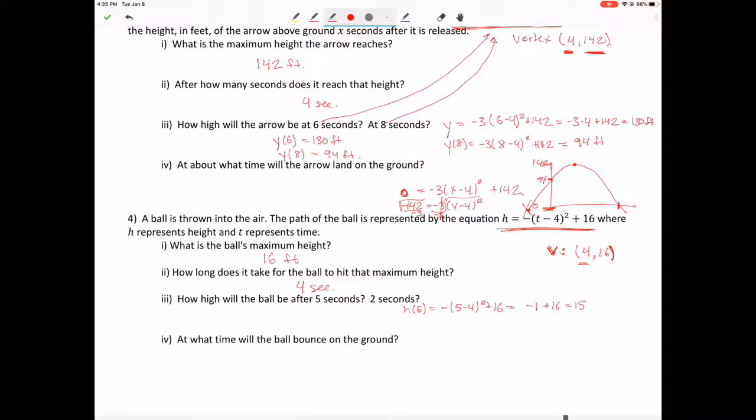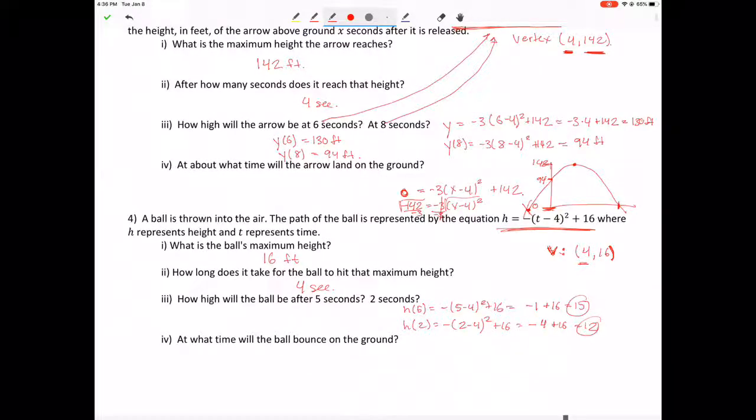Then the height at 2 seconds, you'd plug in negative (2 minus 4) squared plus 16. Simplify that: negative 4 plus 16 gives us 12.